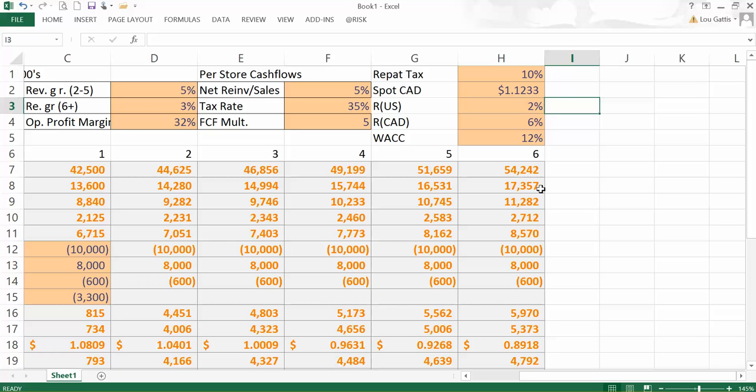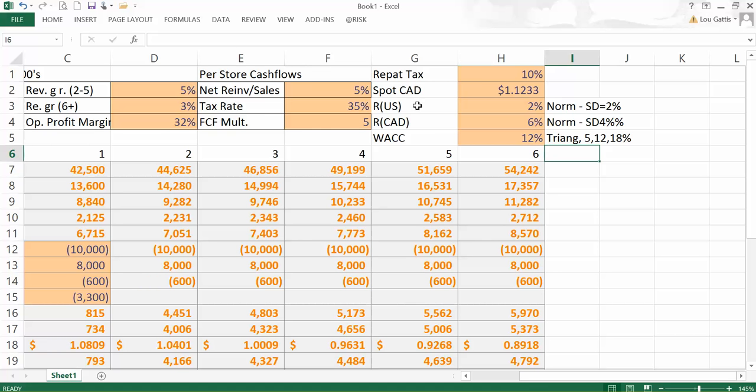And let's assume that US interest rates are normally distributed with a standard deviation equal to 2%. Canadian are normally distributed with a standard deviation equal to 4%. And we'll say the WACC has a triangular distribution with a min of 5%, a most likely value of 12%, and a max of, we'll say, 18%.